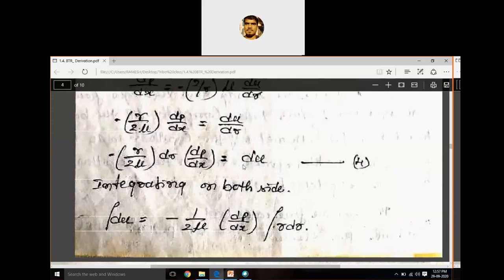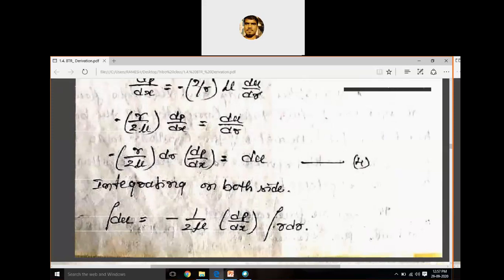You just call it as equation 4 and integrate this equation, you will get velocity.